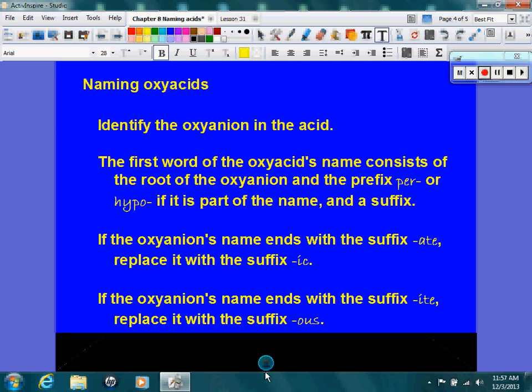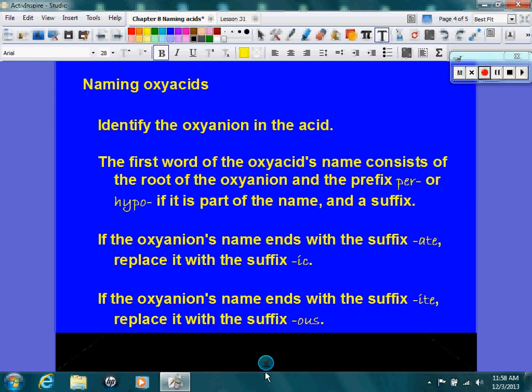It says HC2H3O2. C2H3O2 is the acetate ion, but is that an oxyanion? Well, not exactly. It sort of is. That's acetate.